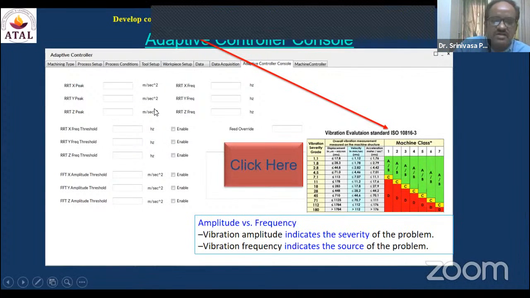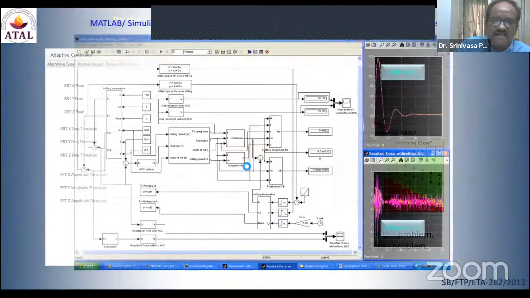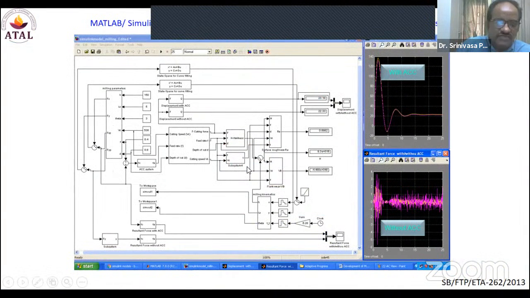Now, if I'm able to project the MATLAB application with the help of this Zoom application, you could have a clear idea about how exactly this MATLAB Simulink is supposed to work. Then you can observe with ACC, the adaptive control, and this is without adaptive control.